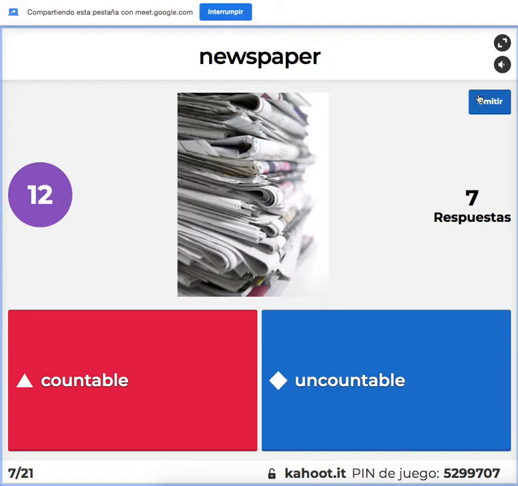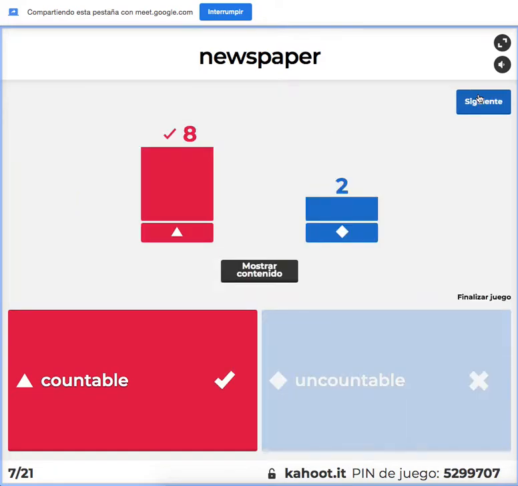Newspaper. So, as I told you, in the case of newspapers, you can count the newspapers. Not information, but yes, the newspapers.